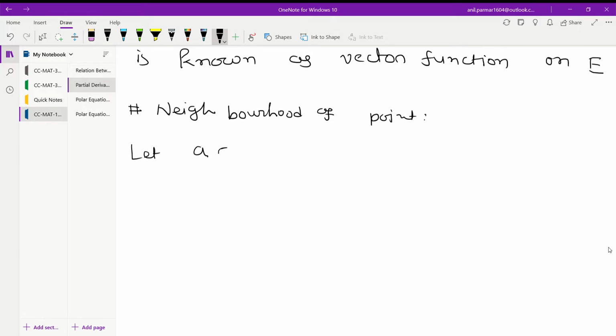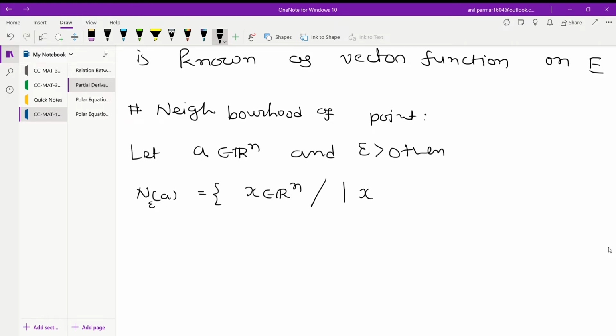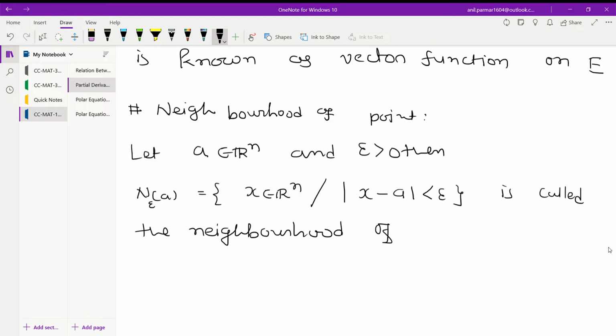Let A be a point of Rn and epsilon positive, epsilon greater than 0, then the neighborhood of point A with respect to epsilon is defined as the set of all x belongs to Rn such that absolute value of x minus a is less than epsilon. એટલે કે epsilon કરતા જો x અને a નું ડિસ્ટન્સ ઓછું હોય તો એવા દરેક એલિમેન્ટ નો સેટ is called the neighborhood of the point A with respect to epsilon.